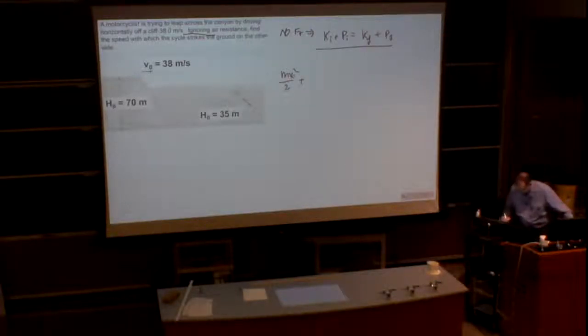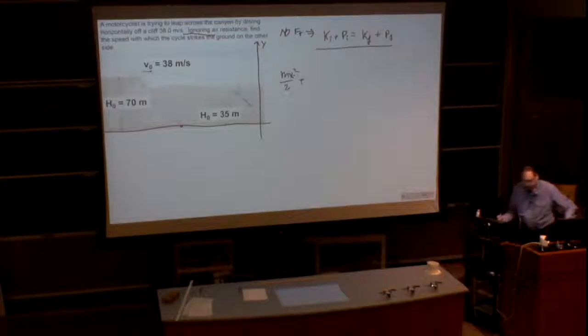And the zero level has been chosen for us, technically, at the bottom of the gorge. So if we choose the y-axis upward, as we should, the initial coordinate will be equal to 70, and the final y-coordinate will be equal to 35.